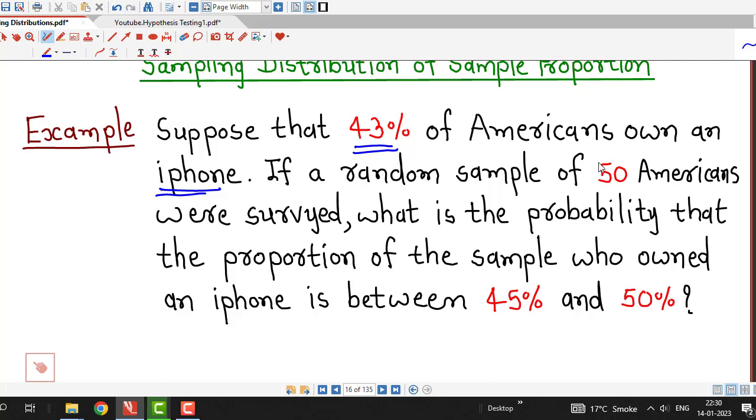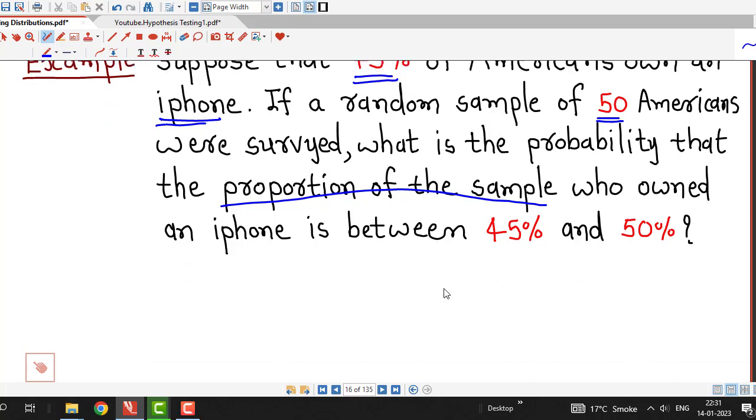From that population they are taking a random sample of 50 Americans for a survey, and we have to find the probability that the sample proportion who own an iPhone is between 45% and 50%.